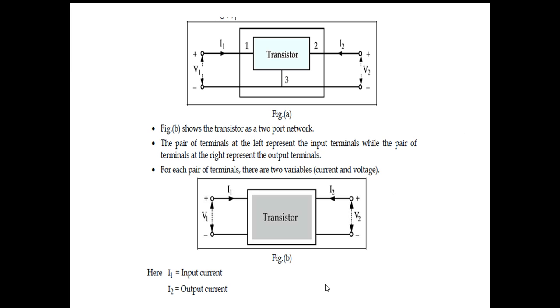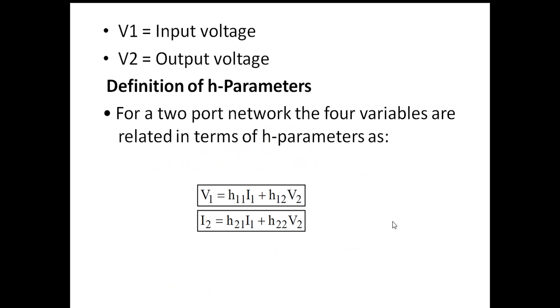Here I1 is the input current, I2 is the output current, V1 is the input voltage, and V2 is the output voltage.